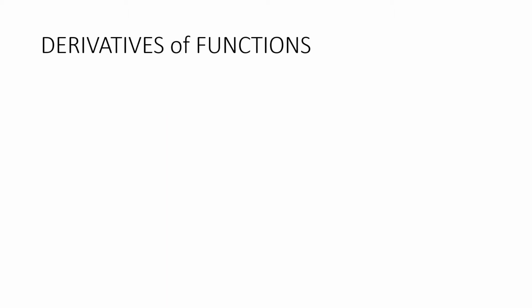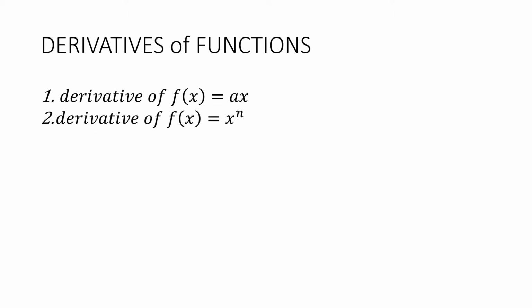In my previous lesson video, which is the part 1 of my discussion in derivative of a function, I discussed the procedures on how to get the derivatives of the following functions. First one is the derivative of f of x equals ax. Derivative of f of x equals x raised to n.